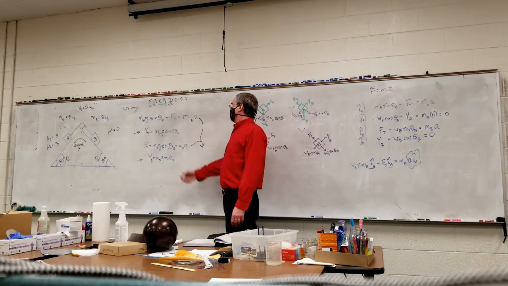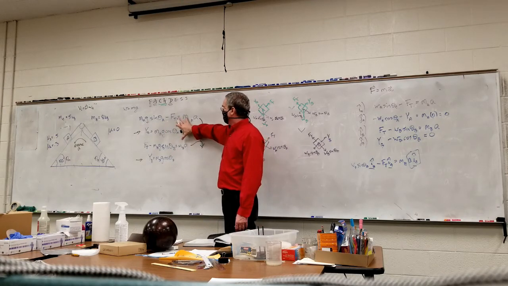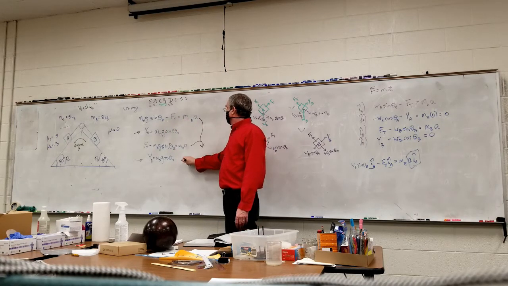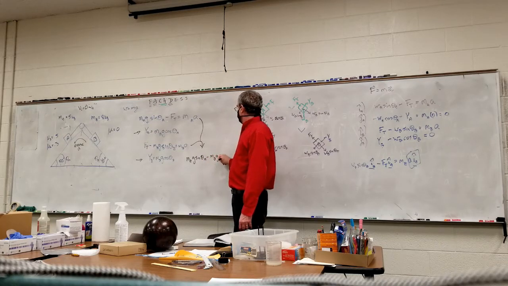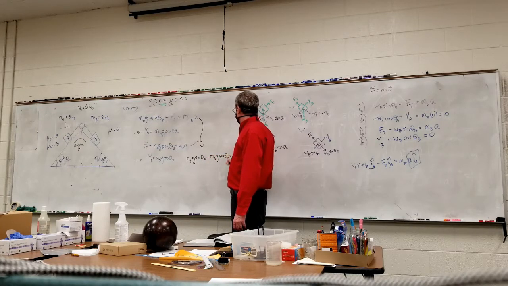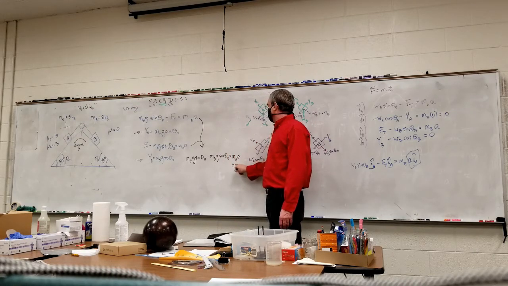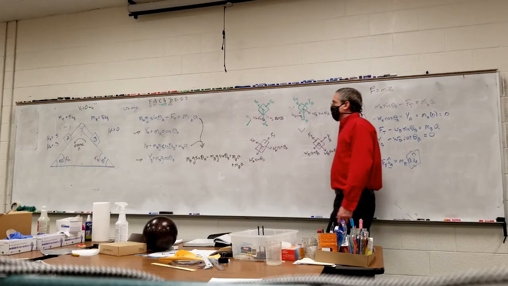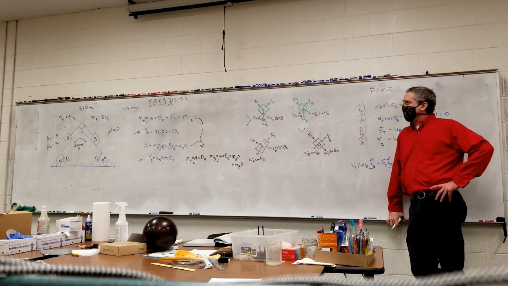You could solve for F sub T in one equation and stick it into the other, or just solve them simultaneously by adding them together. And I got M sub A g sine theta A minus M sub B g sine theta B equals M sub A plus M sub B, A. The F sub T's canceled out because I have one positive, one negative.